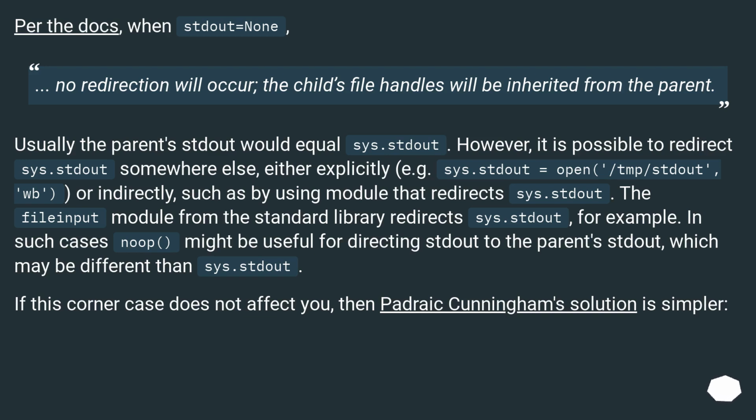In such cases the no-op might be useful for directing stdout to the parent stdout, which may be different than sys.stdout. If this corner case does not affect you, then Podrick Cunningham's solution is simpler.